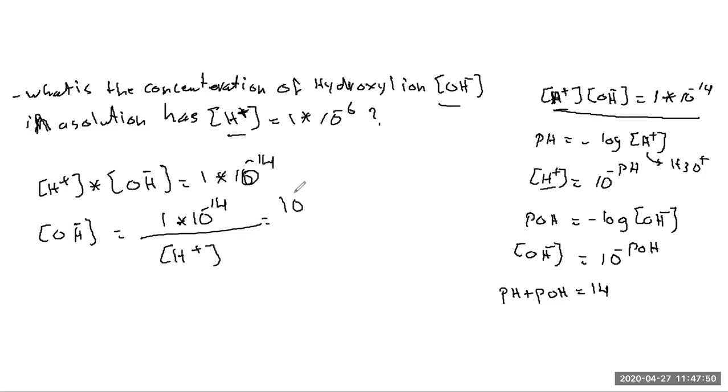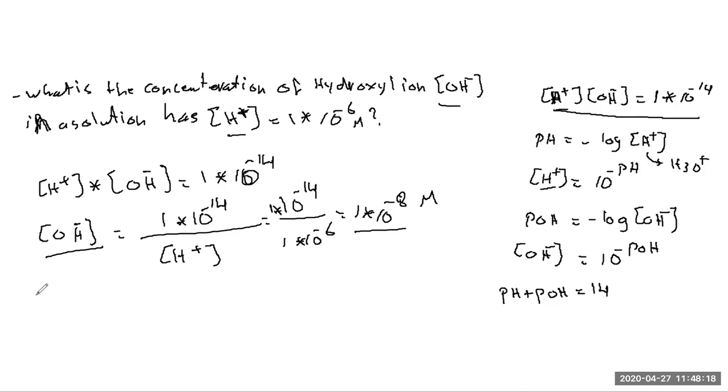That's 10 to negative 14 divided by 1 times 10 to negative 6, and this will give you 1 times 10 to negative 8. So the concentration of OH negative will be 1 times 10 to negative 8 molar.